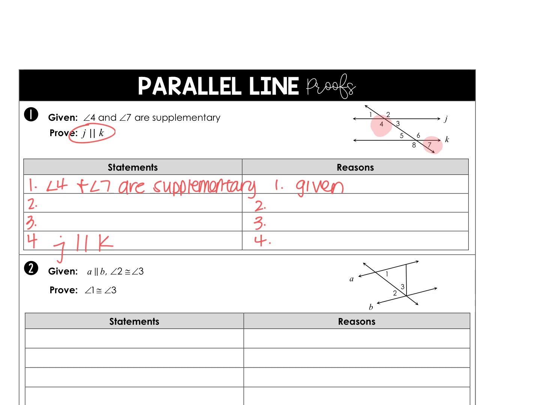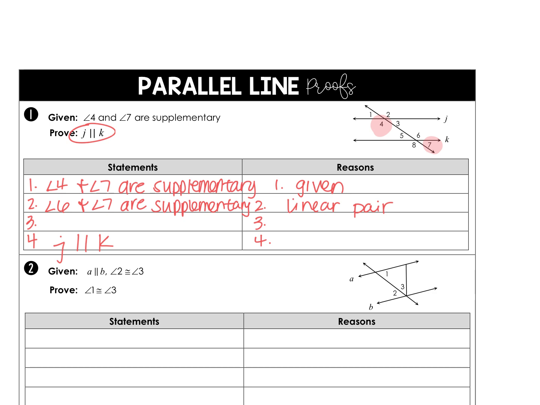Number 1 says that angle 4 and angle 7 are supplementary, so we are going to say angle 6 and angle 7 are supplementary. And our reasoning for that is that they are a linear pair.